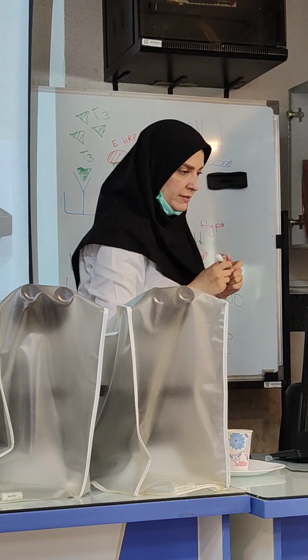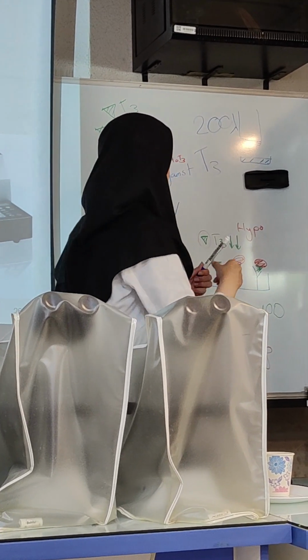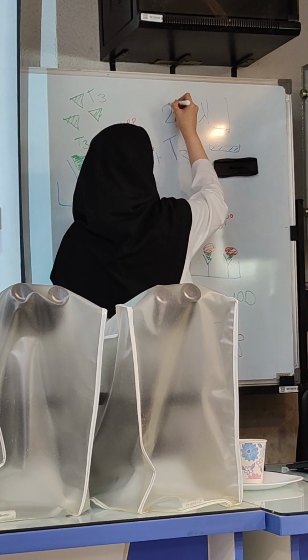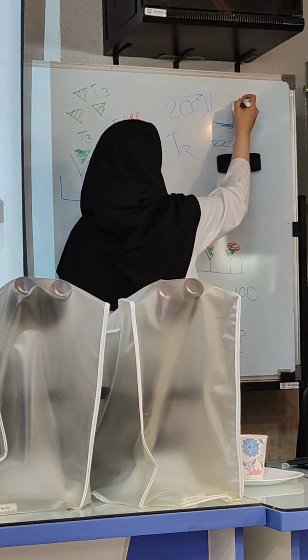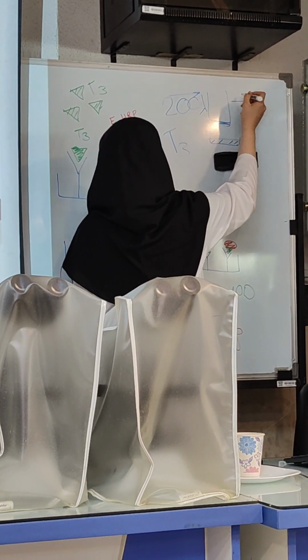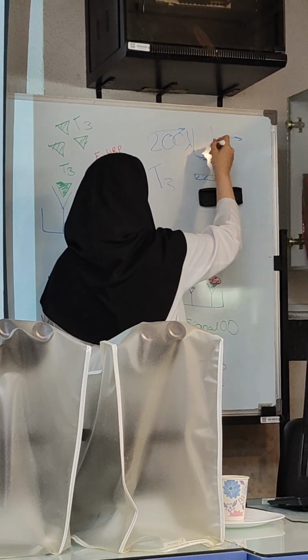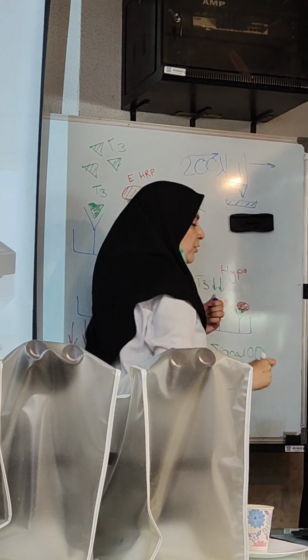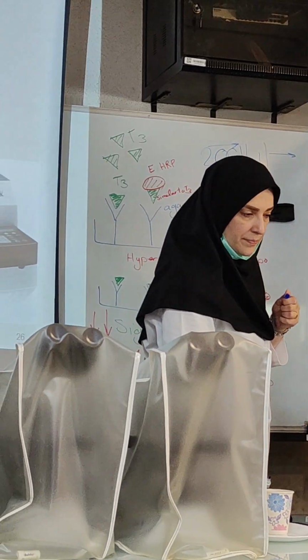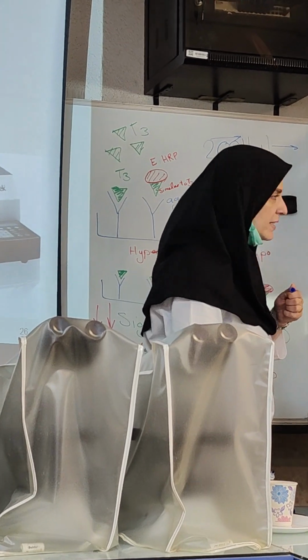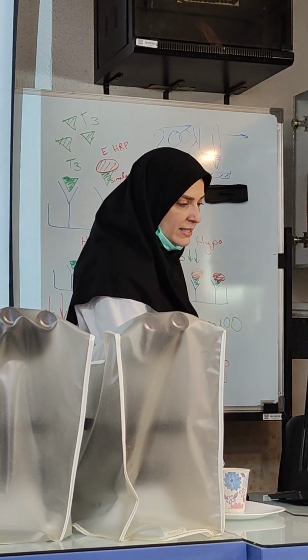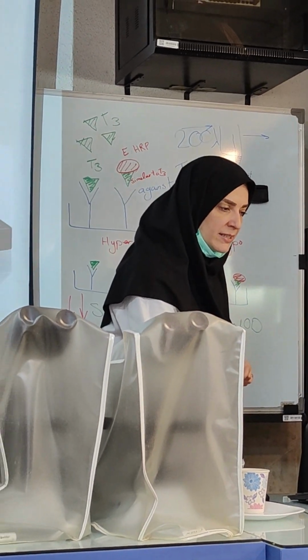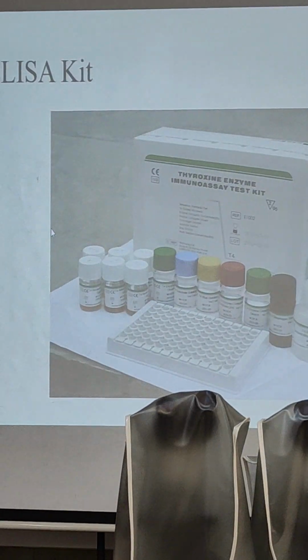200 microliter. And also, for example, in a spectrophotometer, the direction is horizontal. But about the ELISA reader, what is the direction? The path of the light is vertical. And this is a very specific and very sensitive instrument.